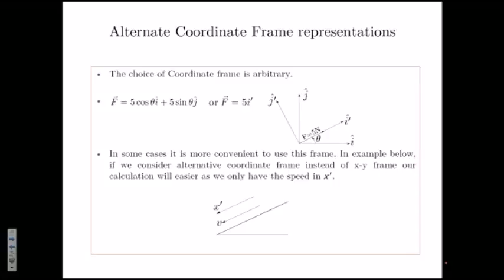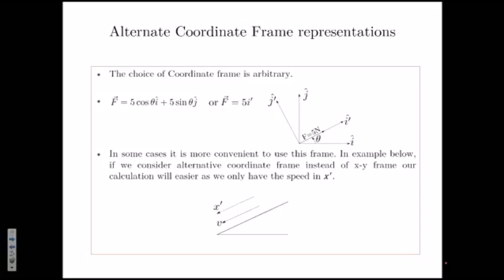But now I'm saying, you know what? I don't want you to write F in this reference frame. I want you to pick a different reference frame, and the new reference frame is the one that's actually pointing along this vector. So x prime, or the unit vector along this direction, is pointing along the direction of the force itself, and then the perpendicular direction is this j prime. In this reference frame, how would you write the vector?